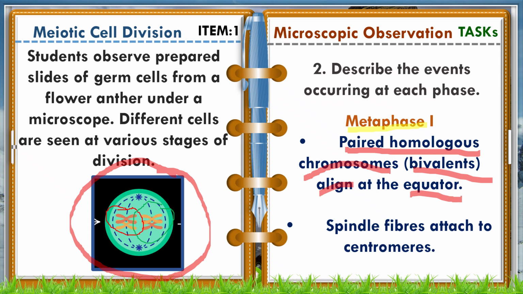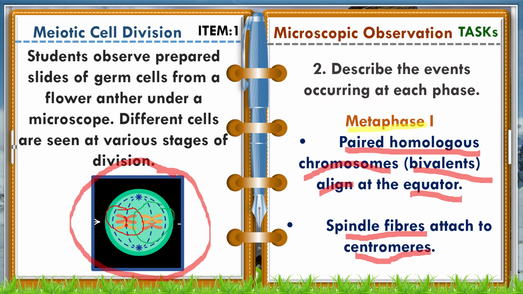Then the spindle fibers attach to the centromere. Now the centromere is this middle part, the middle part of the chromosome. That is what we call the centromere.